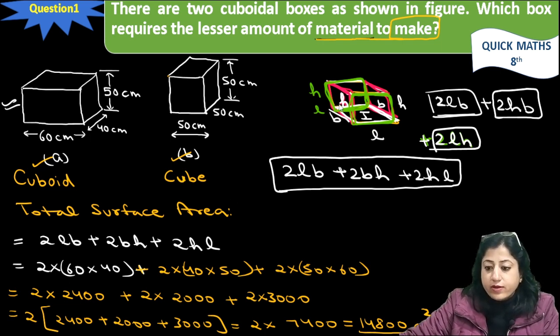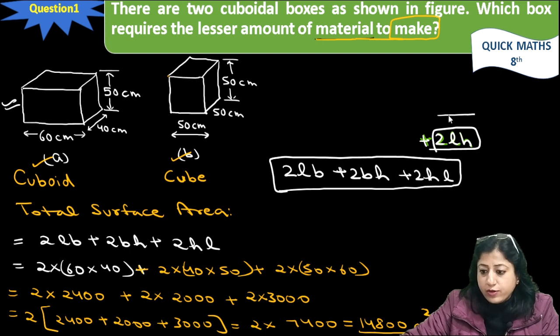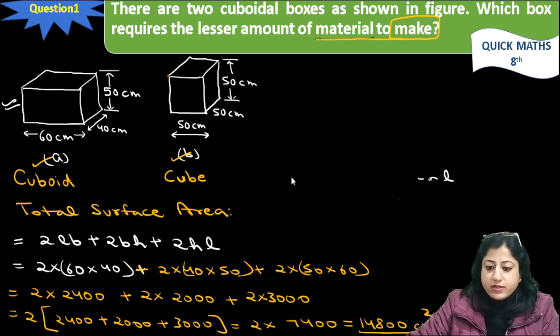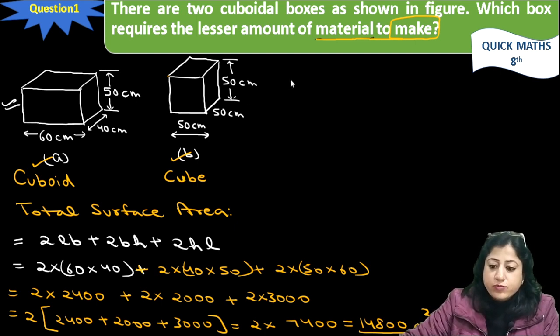Now for the second figure, the difference is that it is a cube, not a cuboid, because each length is 50 centimeter. Each length is the same, so it is a cube.